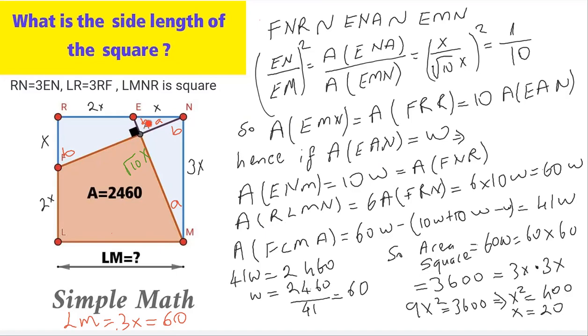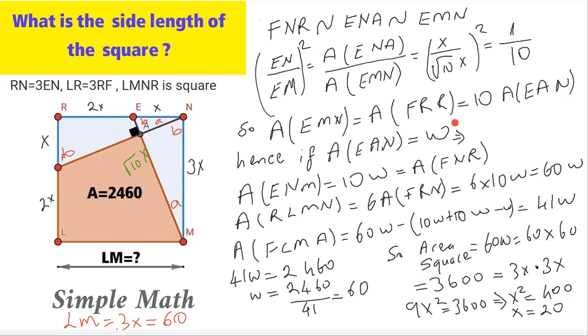So from there, if this is W and big one is 10W, it means this part is 8W. Likewise, this is 8W. So 9W. 9 plus 9, 18 plus this 1, 19. So the blue part is 19W.